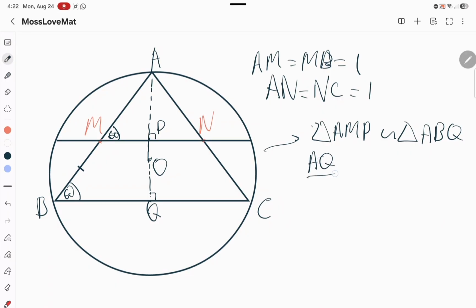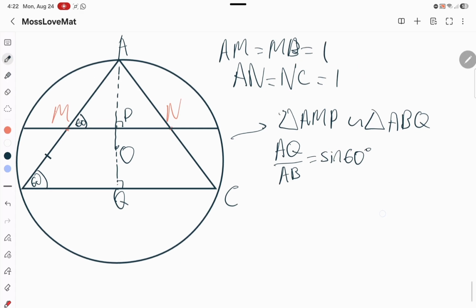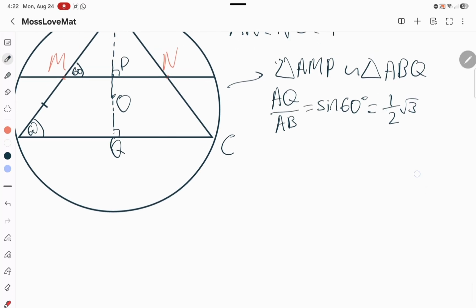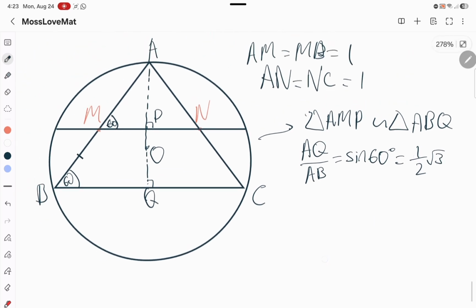AQ over AB is sin 60 degrees. It is equal to a half times root of 3. AB is 2, so we get that AQ is root of 3.